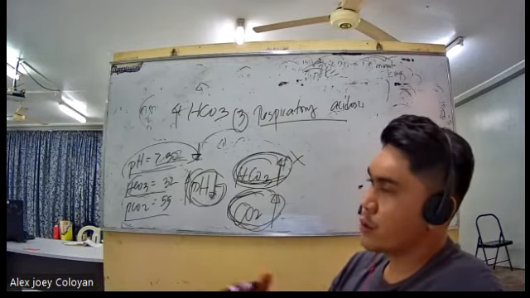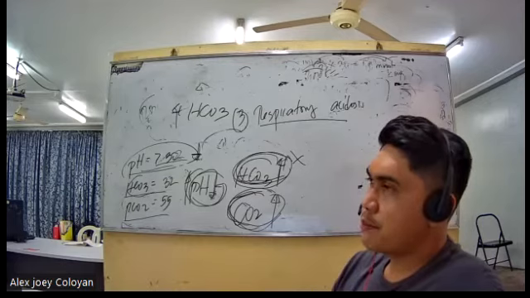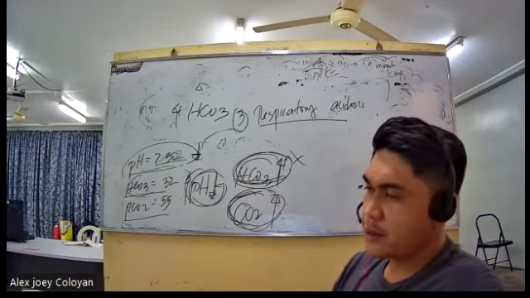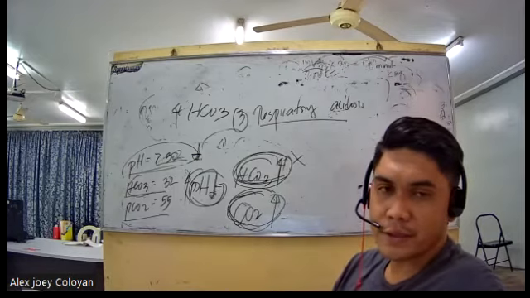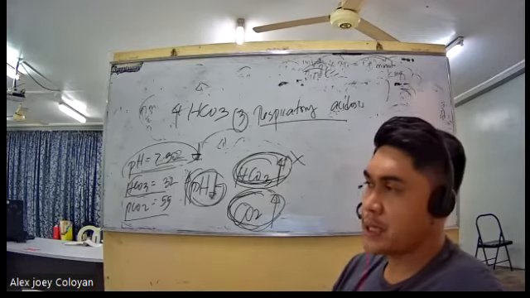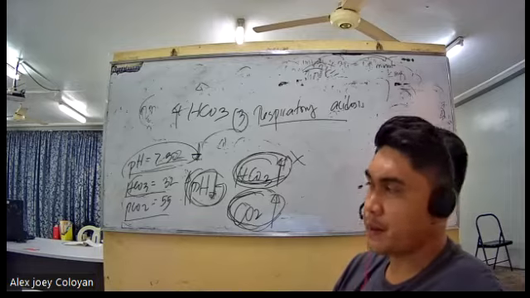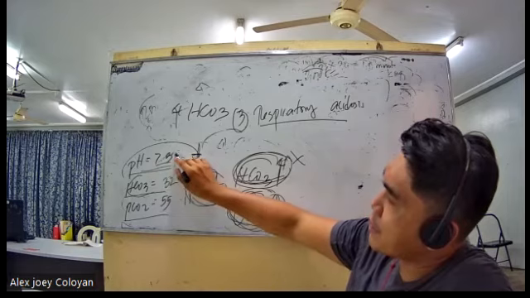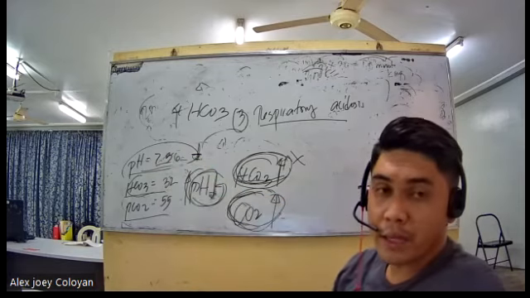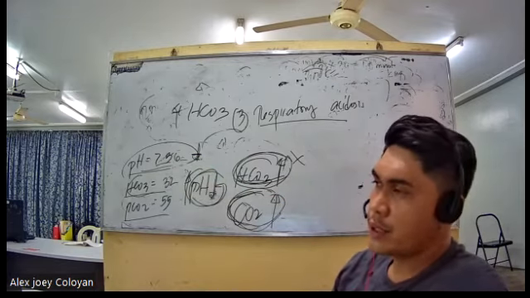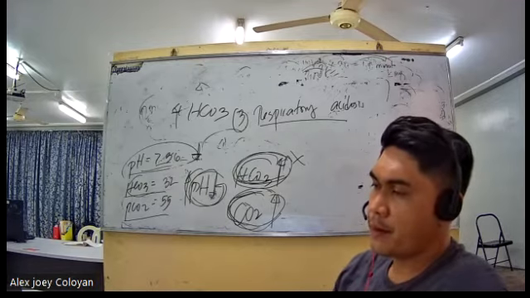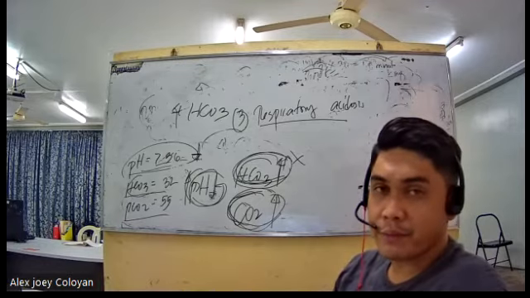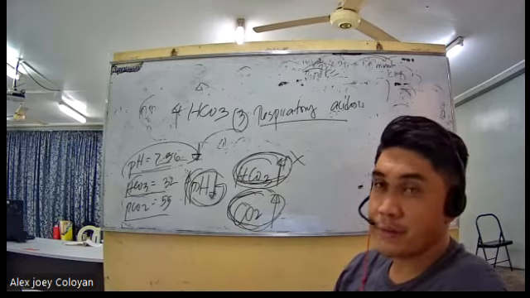Now, if we discuss fully compensated respiratory acidosis, usually it takes 5 days to have a fully compensated respiratory acidosis. For example, you have a pH of 7.36, which is normal because the reference range for pH is 7.35 to 7.45, though it's below 7.40.